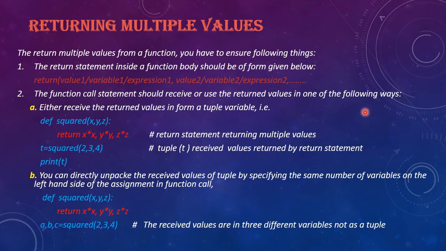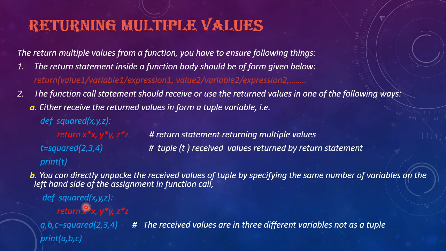So you can see here in the first situation, the squared function returns three expressions. First one x into x, second y into y, z into z.